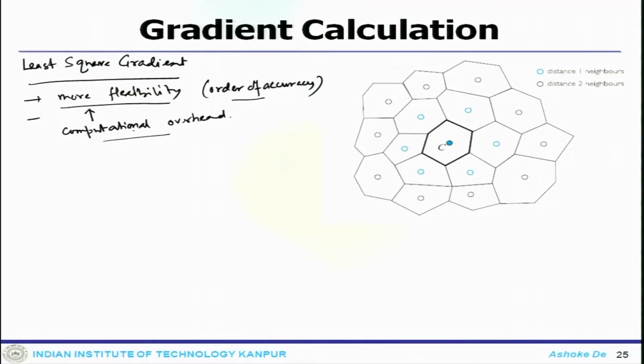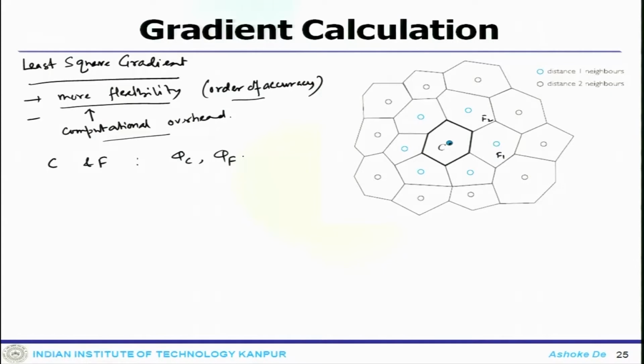Here the concerned cell is cell C, and these are all the neighboring cells, and we can have an exchange between C and F. So this could be F1, F2 like that, and we need to get the information of phi C, phi F and all this.